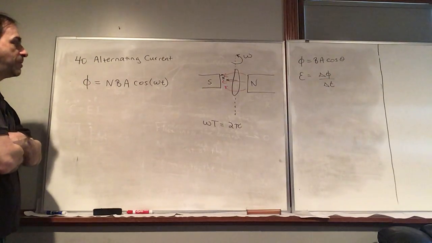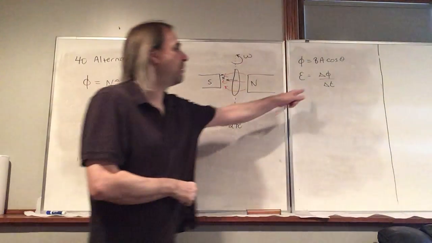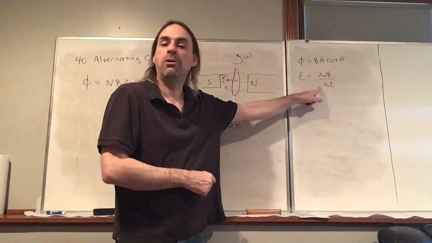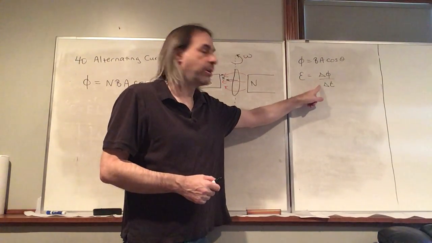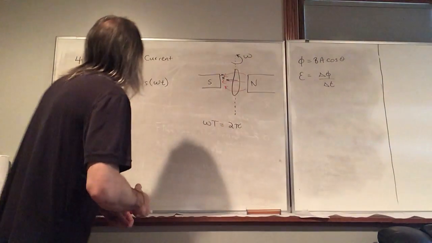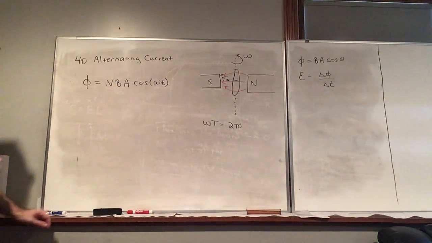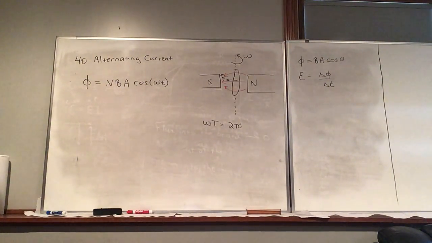Now, in a calculus-based class, what we do is replace delta theta over delta t with d theta over dt. That's called taking a derivative, if you haven't taken calculus.